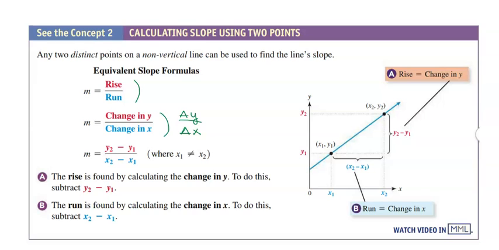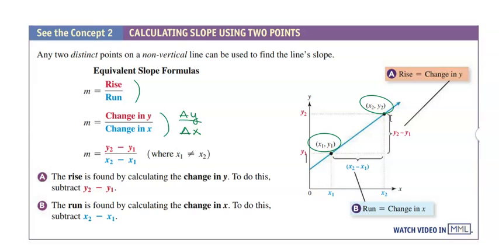Change in y can be represented as y sub 2 minus y sub 1 over x sub 2 minus x sub 1. If you look over here, here's our point 2 and our point 1. Point 1 has an x sub 1 and a y sub 1. Point 2 has an x sub 2 and a y sub 2.